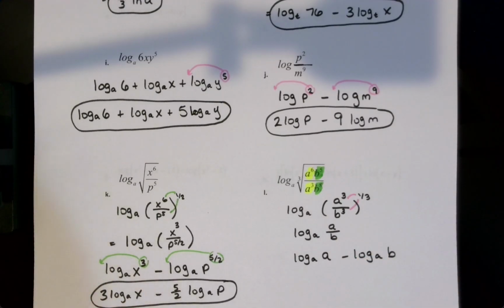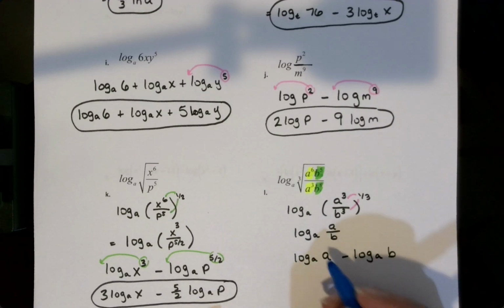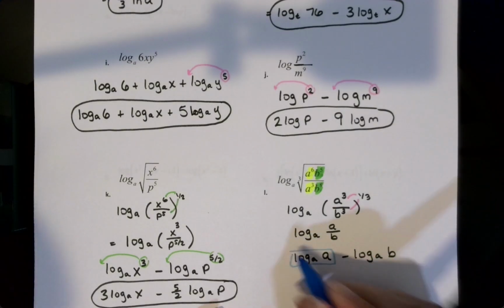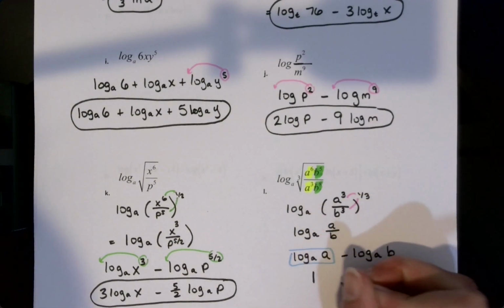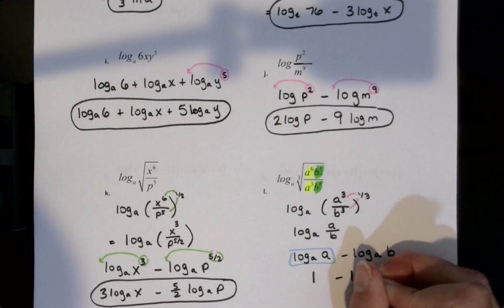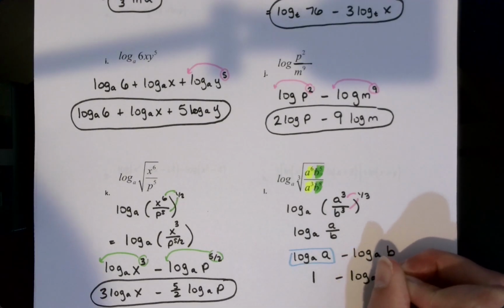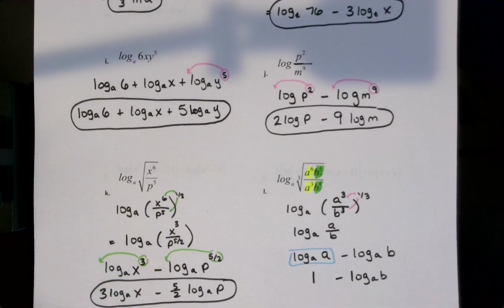One last thing to do here is, unlike the previous ones where I had a log base a of x and the argument was different from the base, in this case, my argument is the same as my base. So log base a of a can be simplified. That is equal to 1. So I have 1 minus log base a of b, and I don't know the answer to log base a of b.